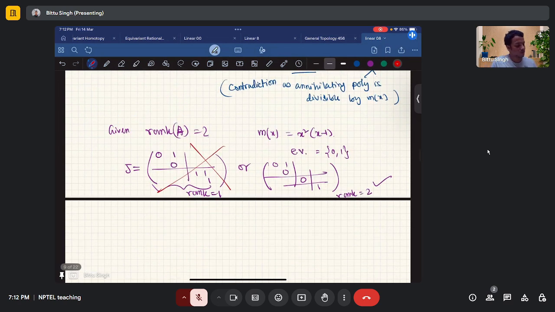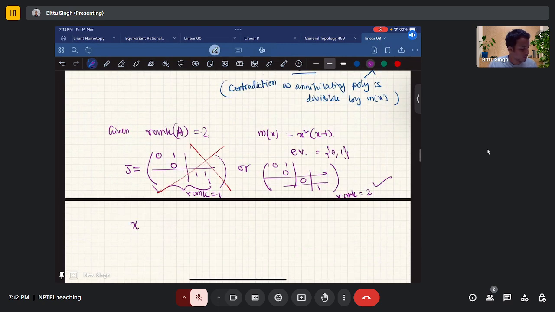So the Jordan canonical form must take this form, and therefore the characteristic polynomial chi A of x will be the same as, since the minimal polynomial must divide the characteristic polynomial, x squared times x minus 1.